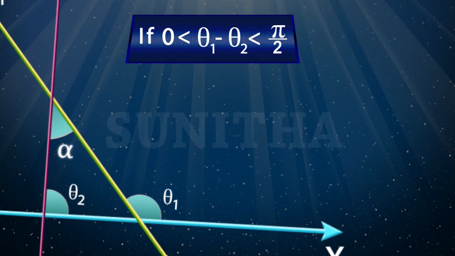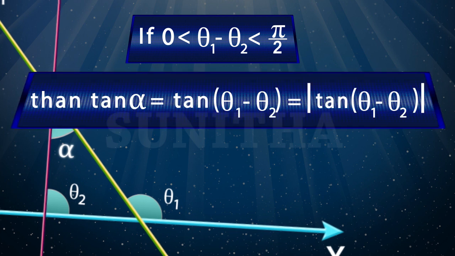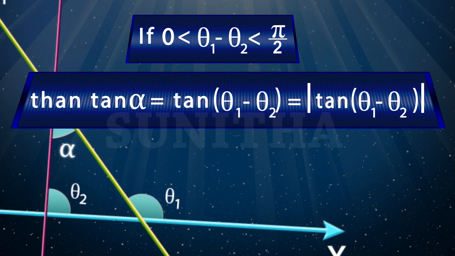0 less than θ1 minus θ2 less than pi upon 2. Then tan alpha equals tan of (θ1 minus θ2), which equals mod of tan of (θ1 minus θ2).